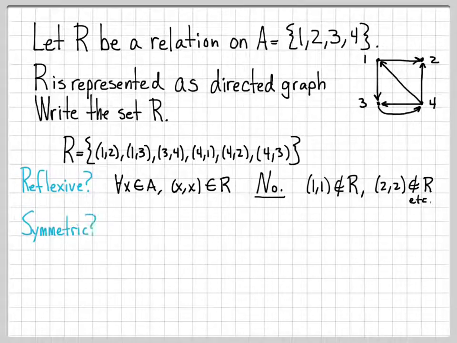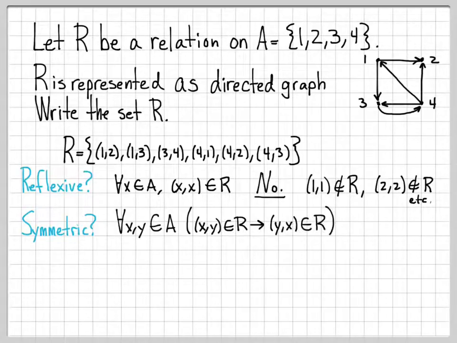What about symmetric? Is this a symmetric relation? What do we mean by a symmetric relation? We mean that for all x and y in the set A, x, y in R implies y, x in R. Again, just by looking at the set that we've written down for R, we can quickly conclude that this is not a symmetric relation.